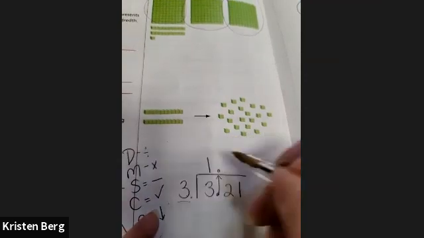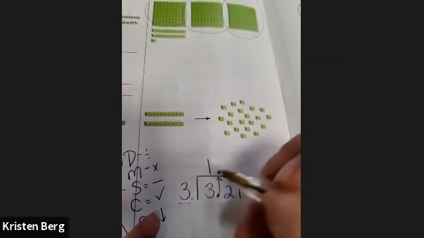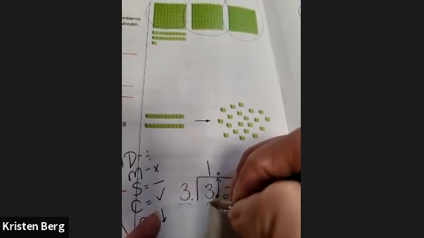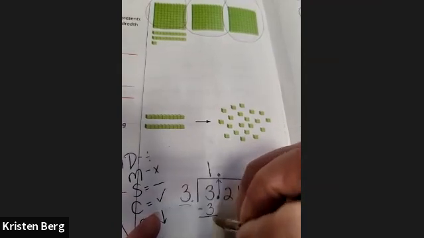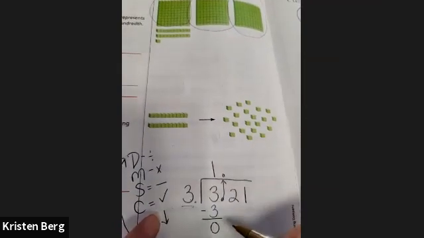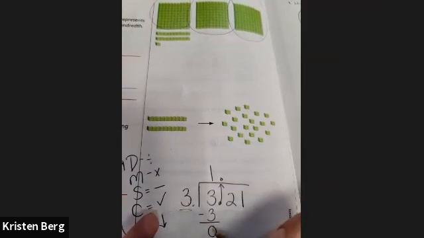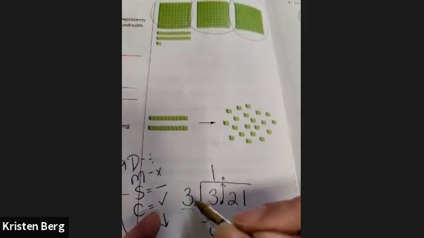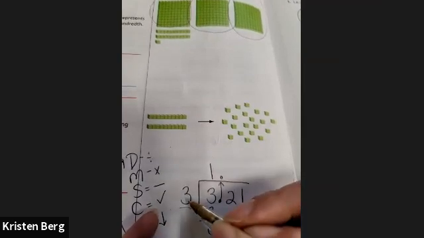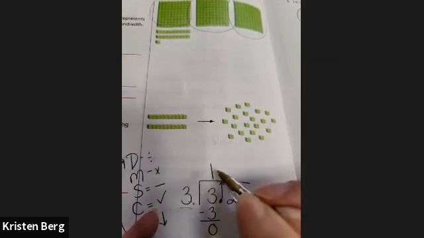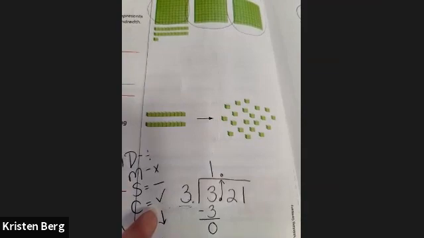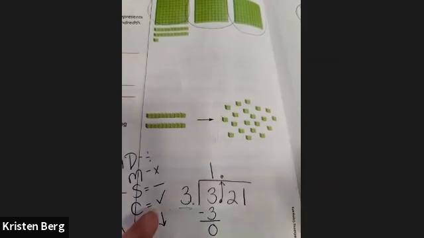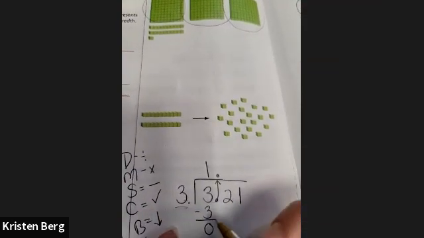Now you multiply. 1 times 3 is 3. Now you subtract, that would be 0. Now you check to make sure it is smaller than your divisor. It cannot be equal to or higher. If it is equal to or higher, that means you could have put in 1 more up here. So it is 0, which means it's perfect. So now I can go on.